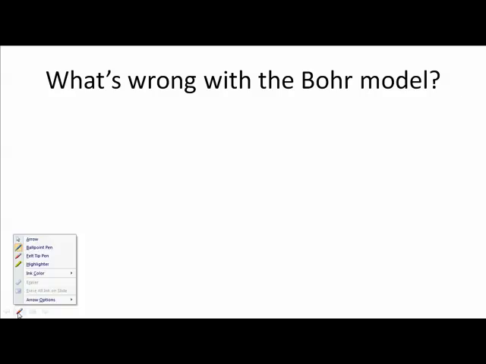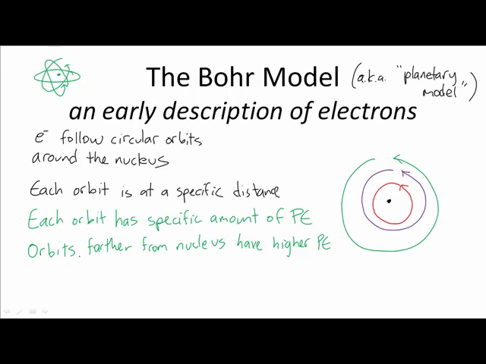One, if you know physics, you know that anytime you have a charged particle that's accelerating, it gives off light. Well, anything moving around in a circle is constantly accelerating. So if electrons were doing this, they would have to constantly be giving off light. And if they were constantly giving off light, they would have to constantly lose energy.